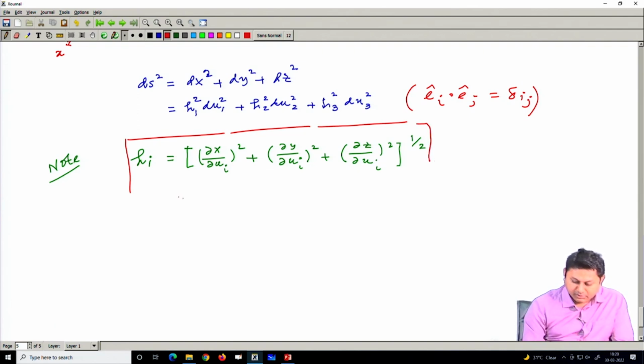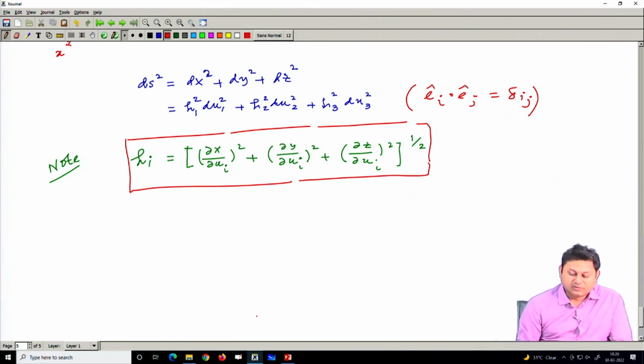But intuitively you can write the h factor in terms of x and u in this form, where x, y, z are in the Cartesian coordinate system and u1, u2, u3 are in the different coordinate system.